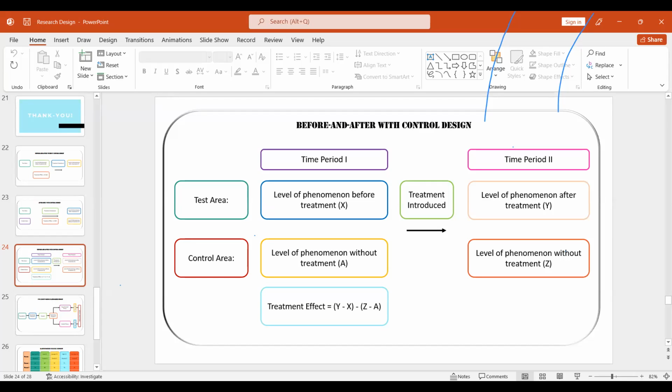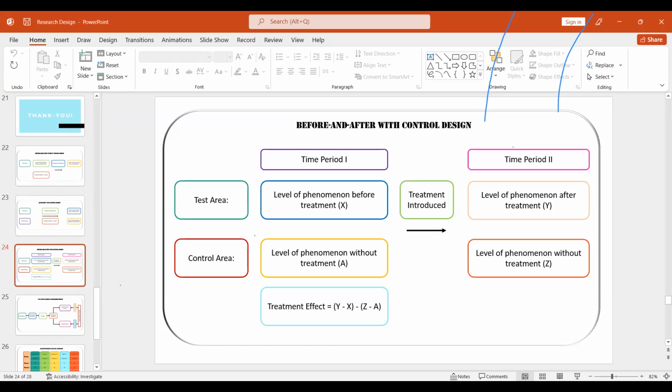The treatment is then introduced in the test area only, and the dependent variable is measured in both for an identical time period after the introduction of the treatment. The treatment effect is determined by subtracting the change in the dependent variable in the control area from the change in the dependent variable in the test area.